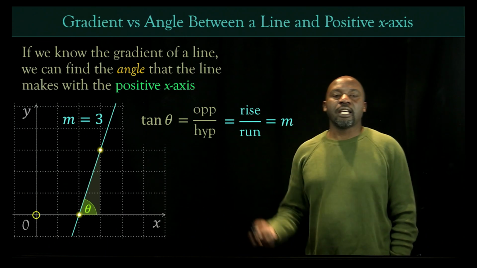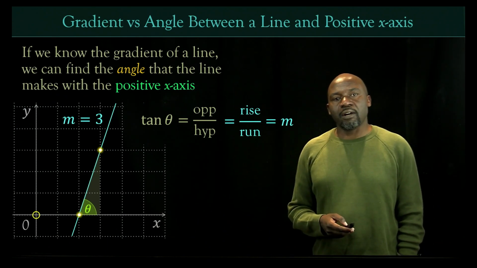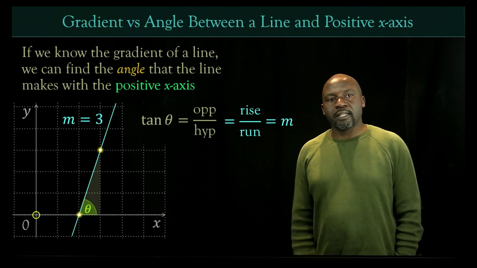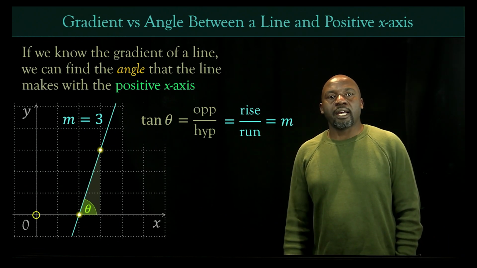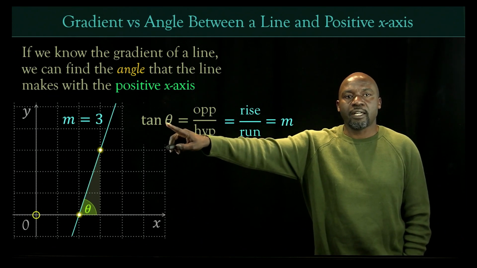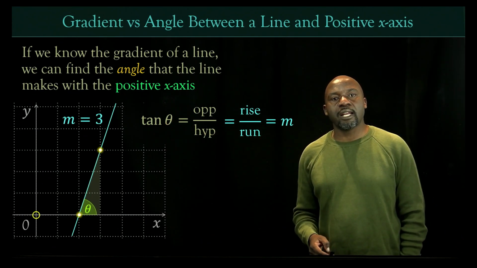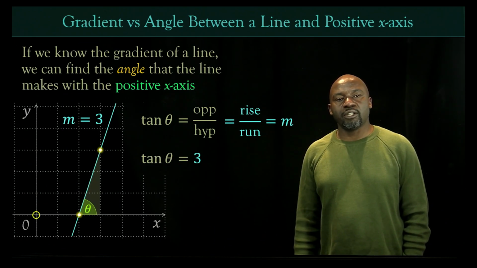So if I know the gradient, I can easily find the angle that the line makes with the positive x-axis. Tan theta is equal to m, and I can find the actual theta by finding the inverse of the tangent. So we can say now that the tangent of theta is 3.